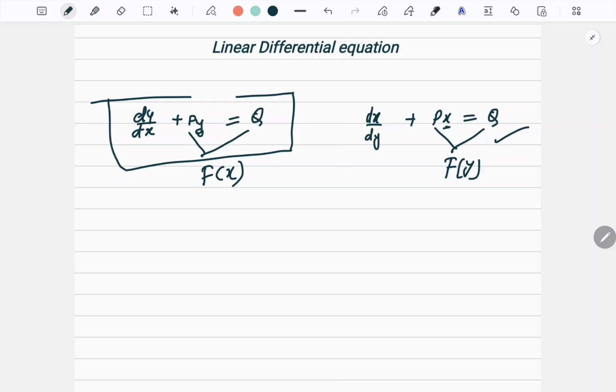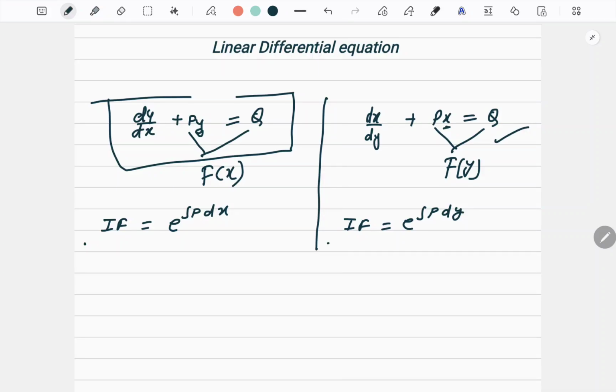Now what is the working procedure in this method? First you have to find out the integrating factor. Integrating factor is e to the power integral p dx. Same way, if I have this category, the integrating factor is e to the power integral p dy. So exactly the same, only wherever I use x on this side, I use y on this side.